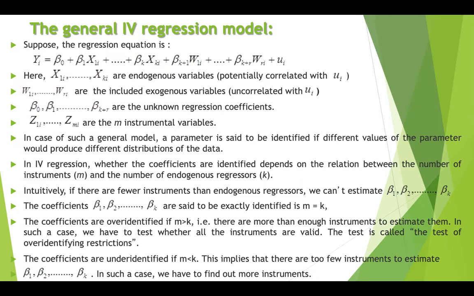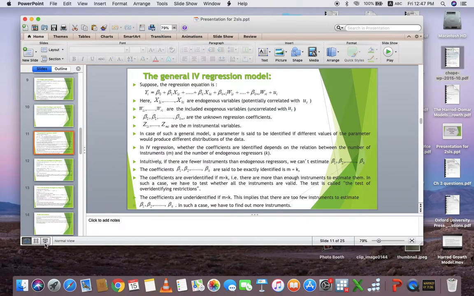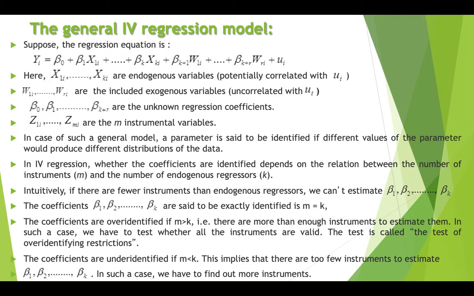Now we talk about the general instrumental variable regression model. The regression equation is yi equal to beta 0 plus beta 1 x1i plus dot dot dot plus beta k xki plus beta k plus 1 w1i plus dot dot dot plus beta k plus r wri plus ui.